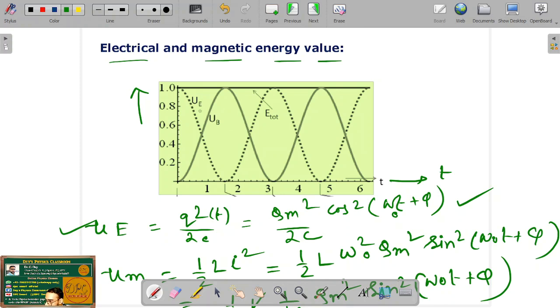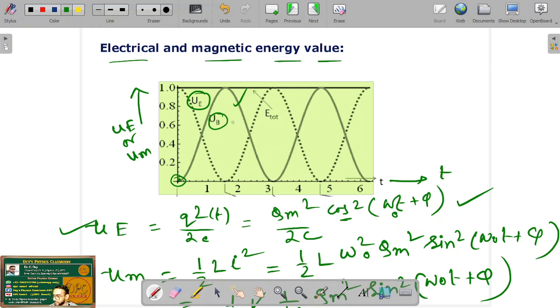This dotted graph which starts from 1 is for UE, the electrical energy for the capacitor, and as its form is a cos² term, it starts from 1. Similarly, this line represents UB or UM, the magnetic energy. Along the y-axis are UE or UM, along the x-axis time.